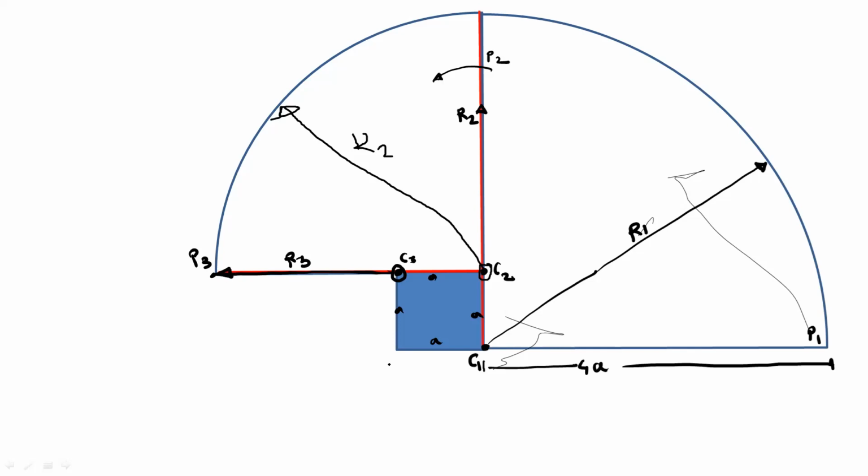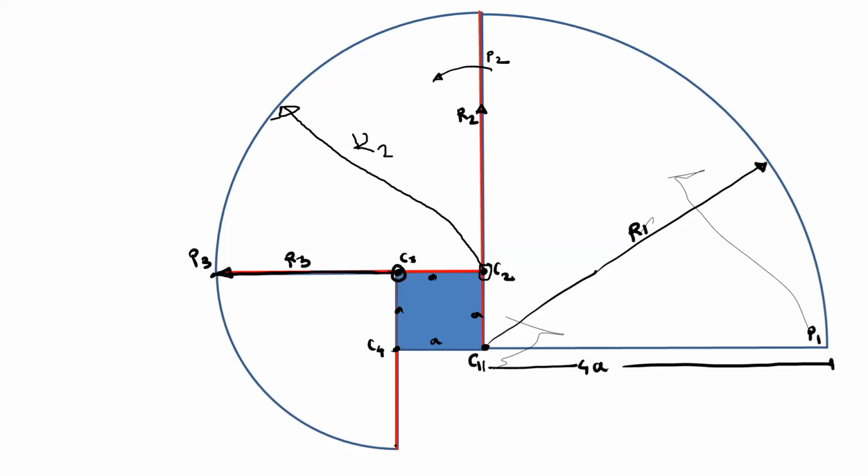After C3, this curve is drawn with the radius R3 and by taking C3 as the center. After that, from C3 the center will shift to the location C4.